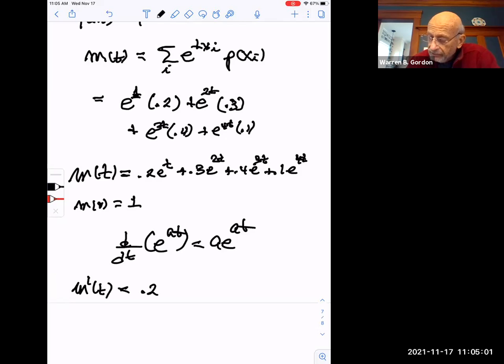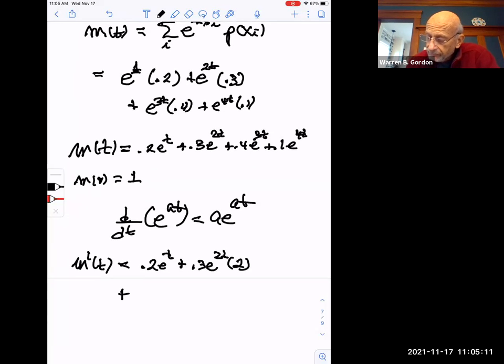I get 0.2 e to the t plus 0.3 e to the 2t times 2 plus 0.4 e to the 3t times 3 plus 0.1 e to the 4t times 4.